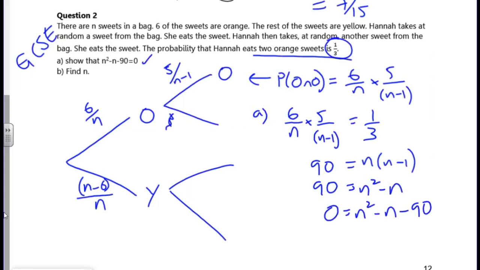So that's part A done. Then part B, if I factorise it, I've got n is 10, or n is minus 9. That's going to be greater than 0, isn't it? So it must be 10. So the dreaded GCSE question, which nobody could do, is done. Next question.